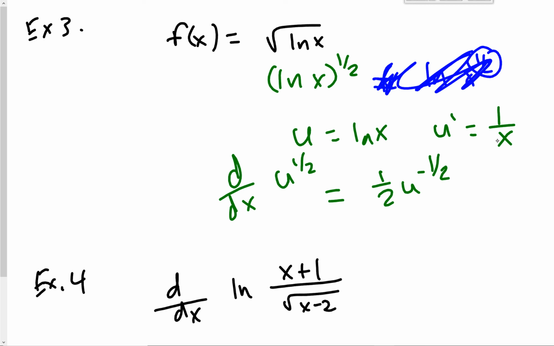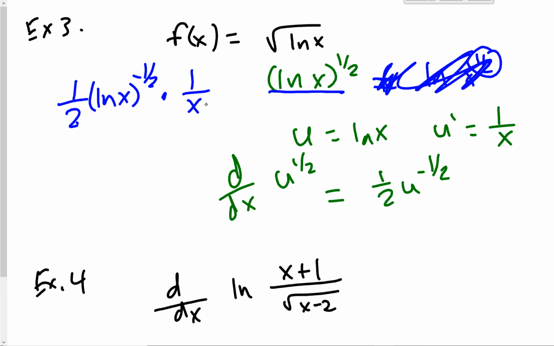Derivative of the outside, which is raised to the 1/2, is 1/2. Leave the inside alone, drop the power by 1, and then times that by the derivative of the inside, which is 1 over x.